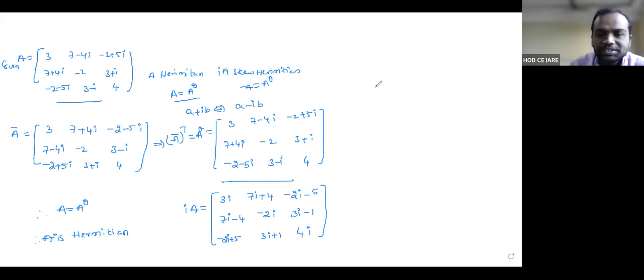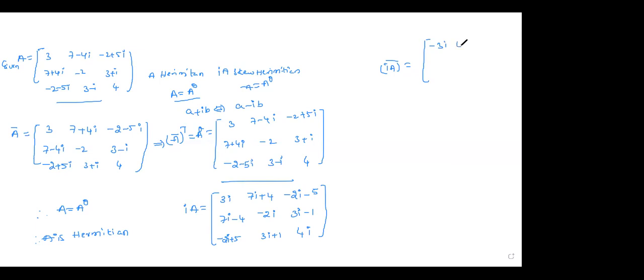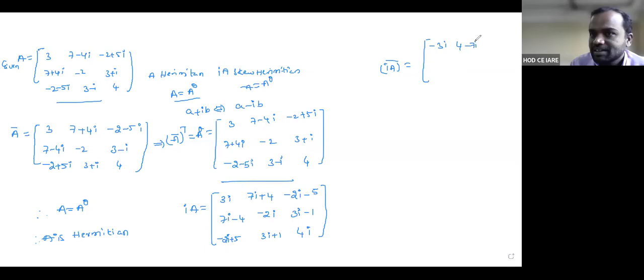Next, they have the conjugate matrix. Conjugate matrix చెప్పండి అన్న దీనికి. iA bar చెప్తే ఏమొస్తుంది నాన్న? Minus 3i; 4 minus 7i; 4. Okay.